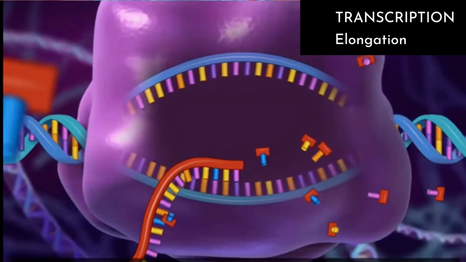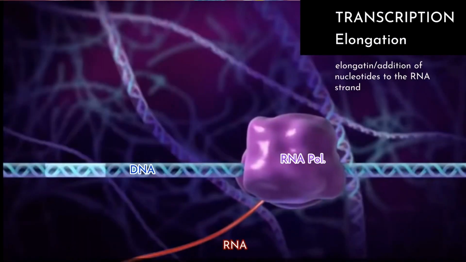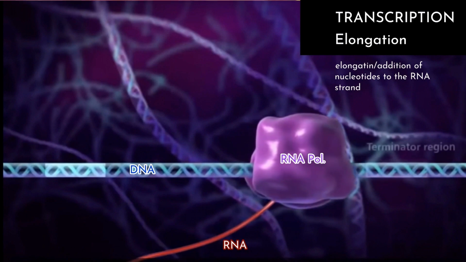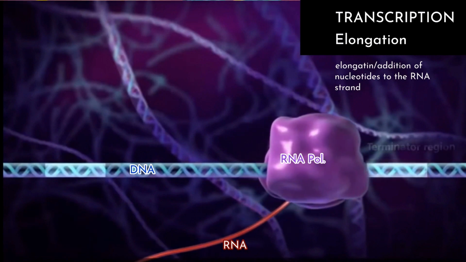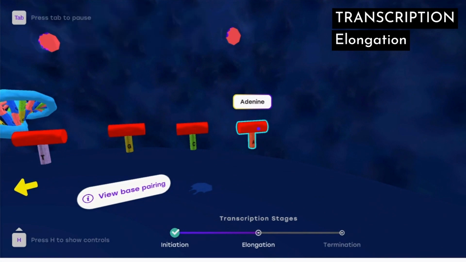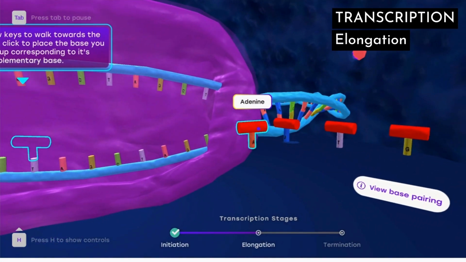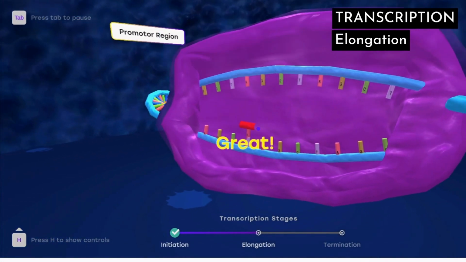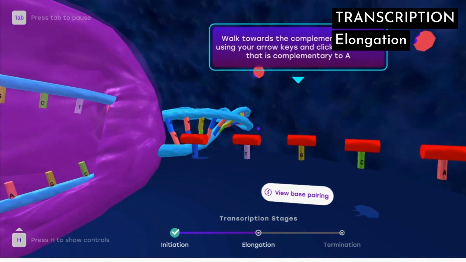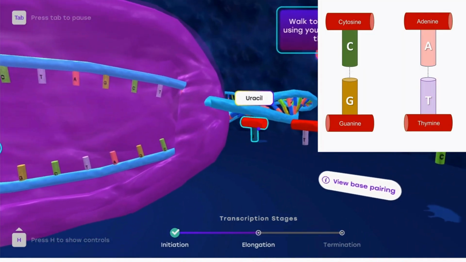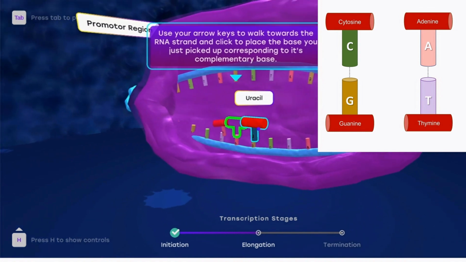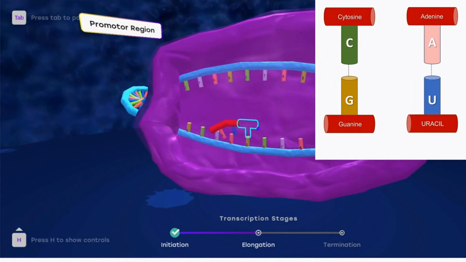Elongation is the elongating or addition of nucleotides to the RNA strand. RNA polymerase reads the unwound DNA strand and builds an RNA molecule using complementary base pairs, where C's pair with G's and A's pair with U's.